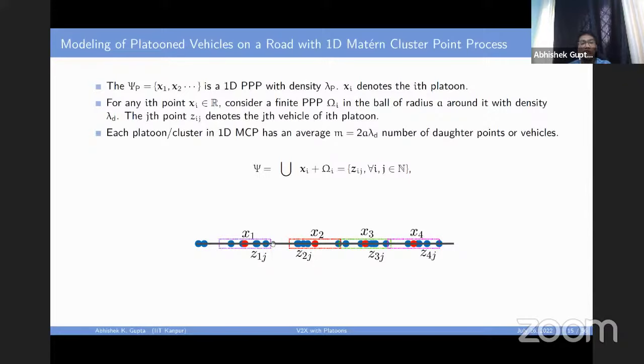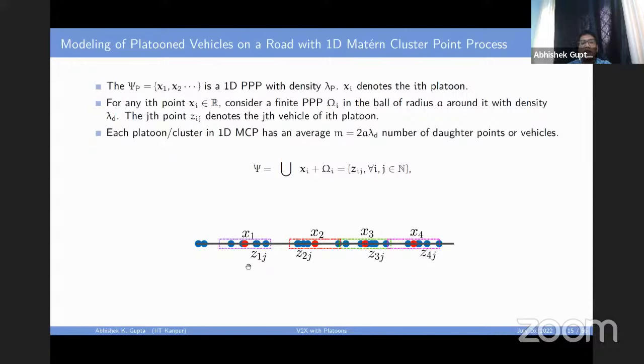So we have used the vehicles inside these platoons as a PPP itself. But this small PPP is a finite PPP with density lambda d in the area from minus A to plus A. And the jth point of the ith platoon we call Zij, that basically is the jth vehicle in the ith platoon.